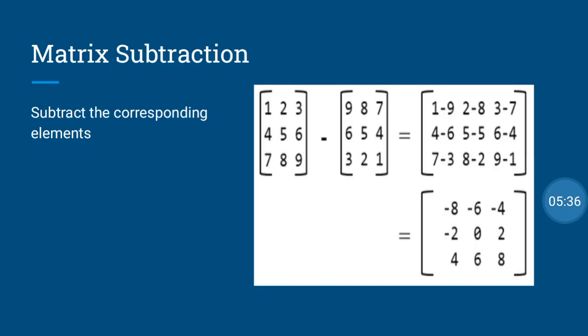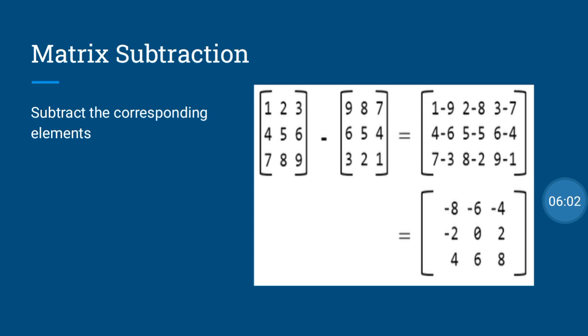Similarly, for matrix subtraction, the order of the two matrices has to be the same, and subtract the corresponding elements. That is again first row first column minus first row first column of the second matrix. That is 1 minus 9, 2 minus 8, 3 minus 7 when you are taking the first row.